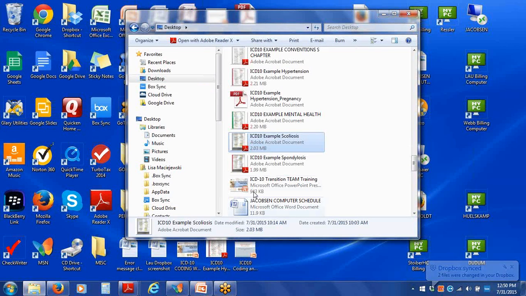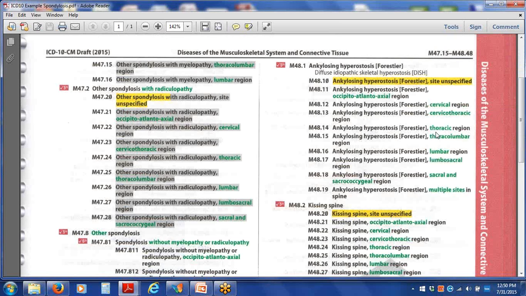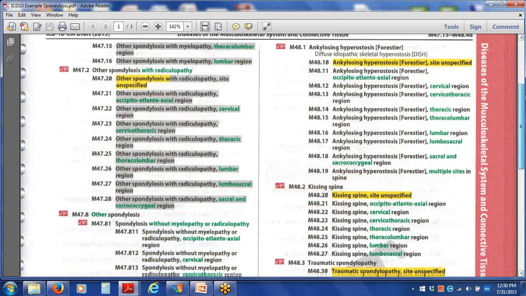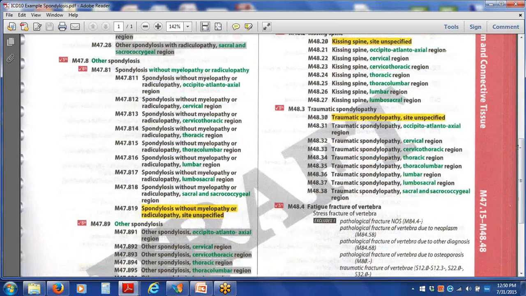Another one that we can look at is spondylosis, which is the same thing. When you look at spondylosis, it takes you to the 5th digit. However, from there, how far out can you go? It's going to tell you that you're going to have to go out to at least the 6th digit, because it's going to ask you with or without myelopathy or radiculopathy.